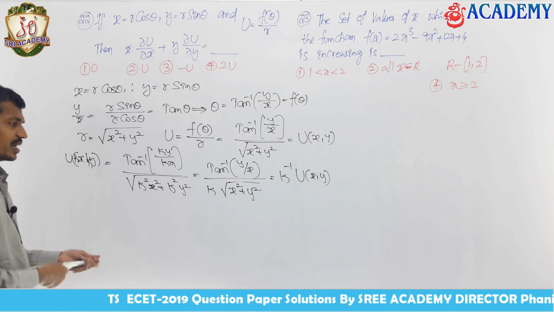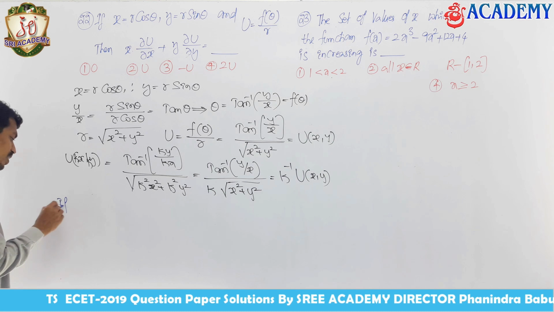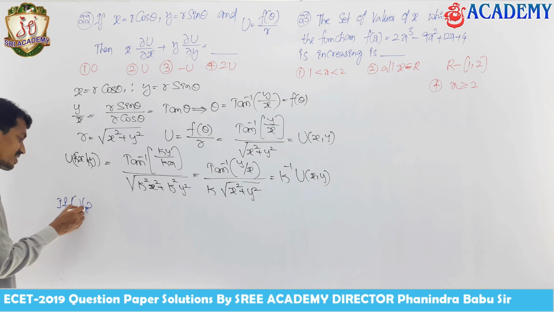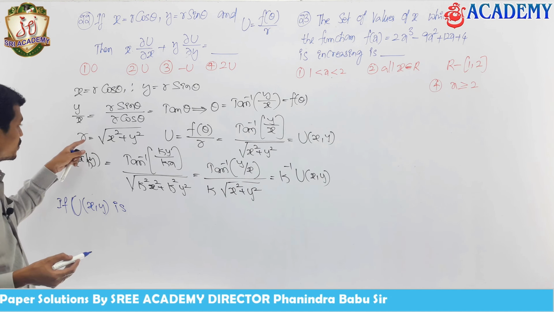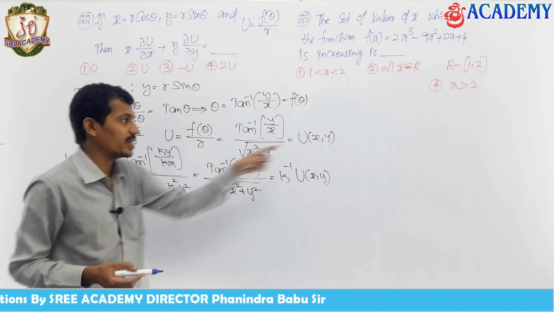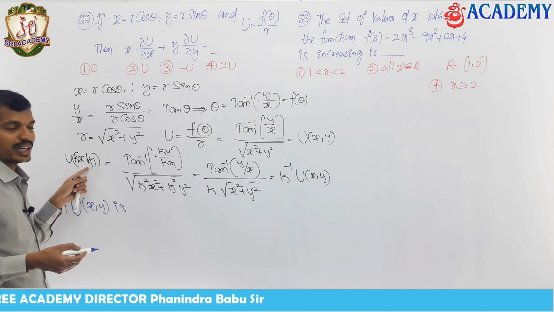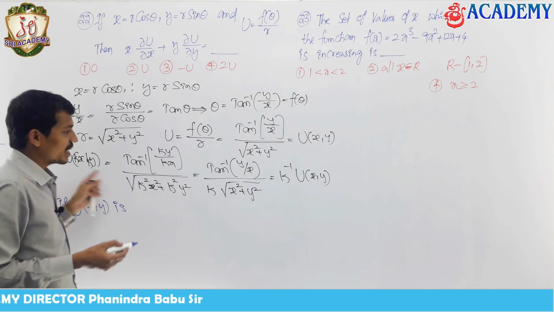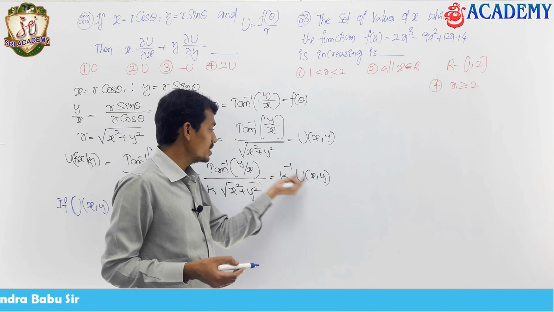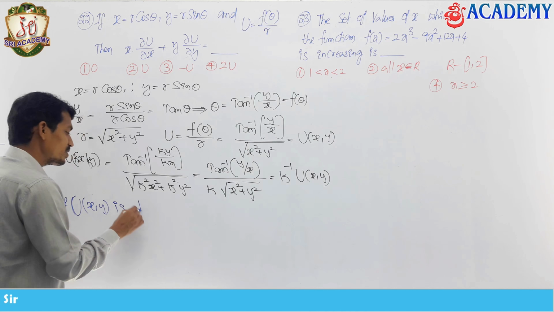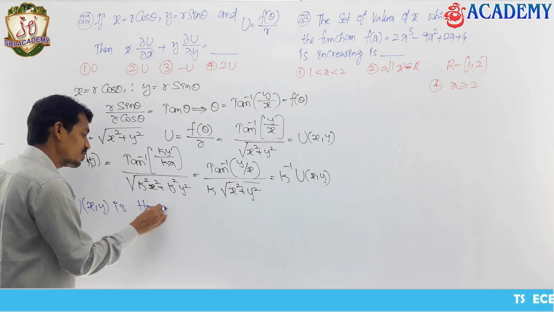See here, suppose u of x comma y is homogeneous. Actually, after replacing x comma y with kx comma ky, if you are getting k power n into u of x comma y, then this is going to be a homogeneous function.